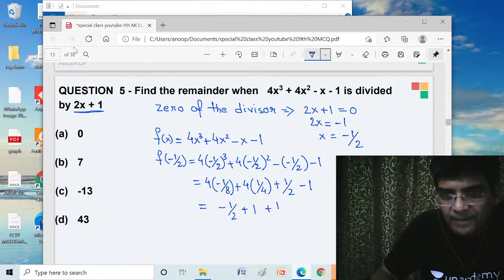So all the terms have cancelled out. So finally we can say that the remainder is 0. In the question they have asked you to find the remainder, so the remainder is 0. So your answer will be C. So C, is this clear?